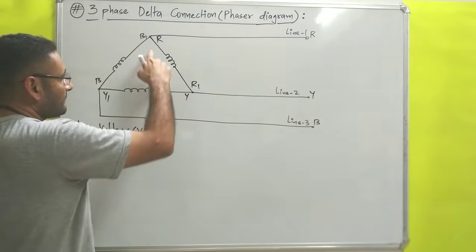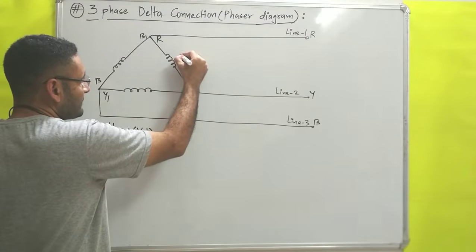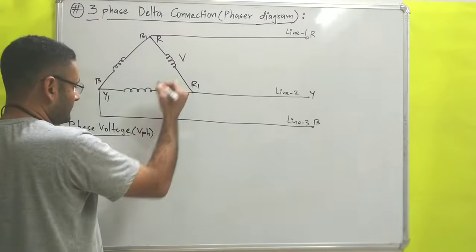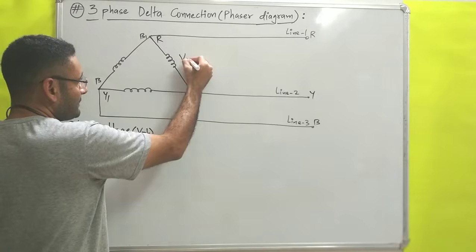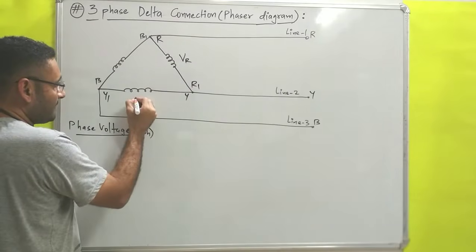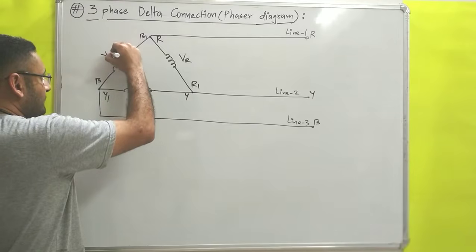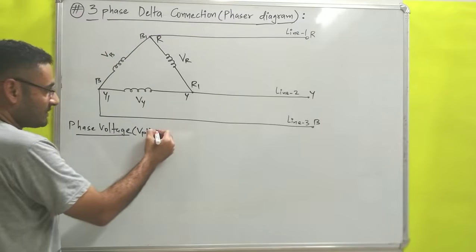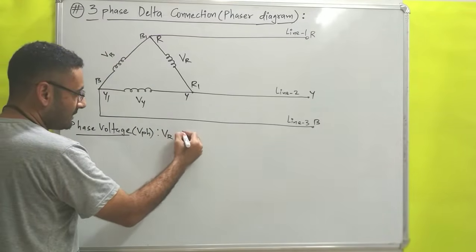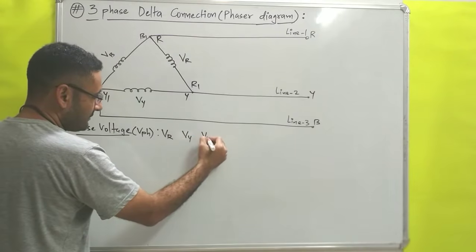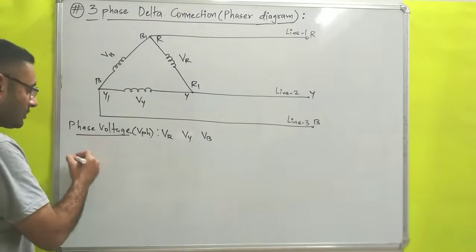So first I will write about R phase. For R phase, the phase voltage will be VR. Over here Y phase voltage is VY, and for B phase the voltage is VB. So phase voltages are VR, VY and VB.